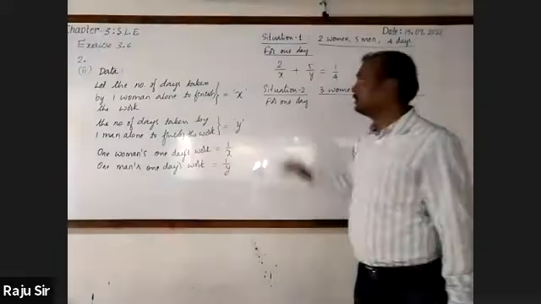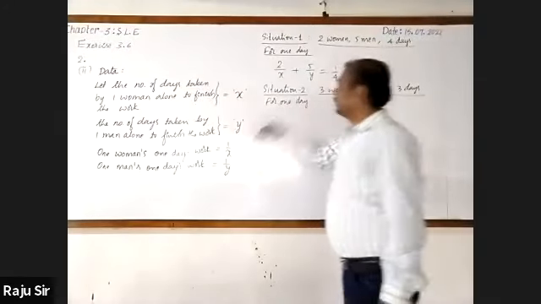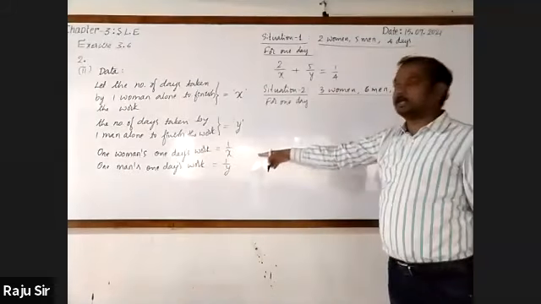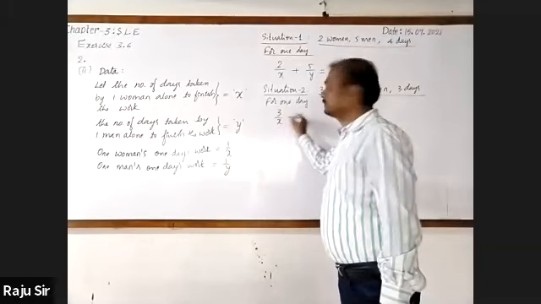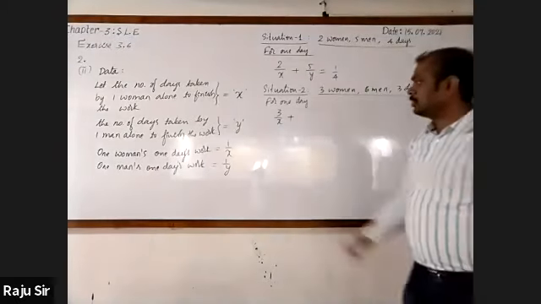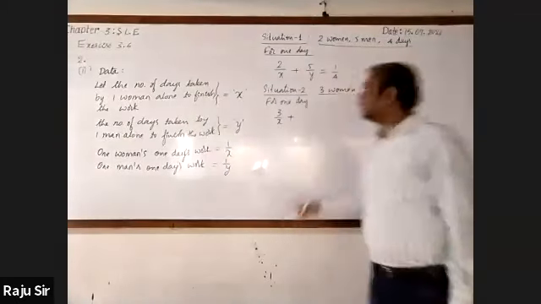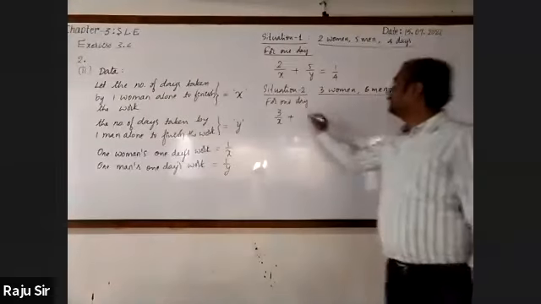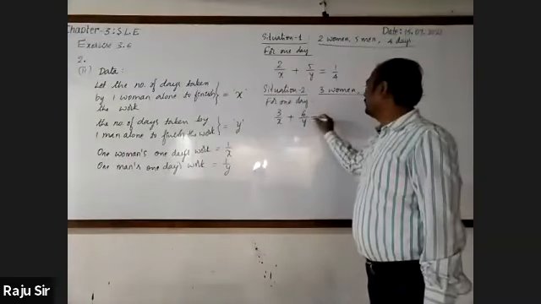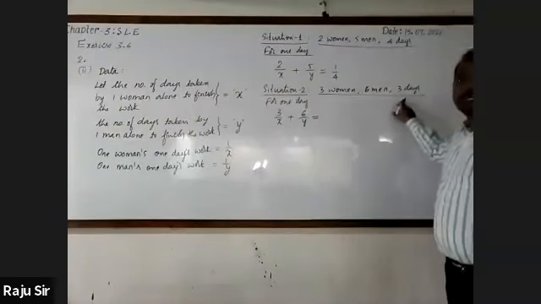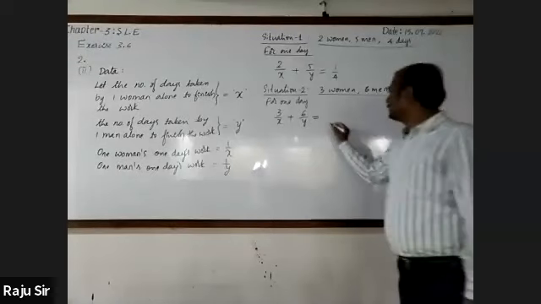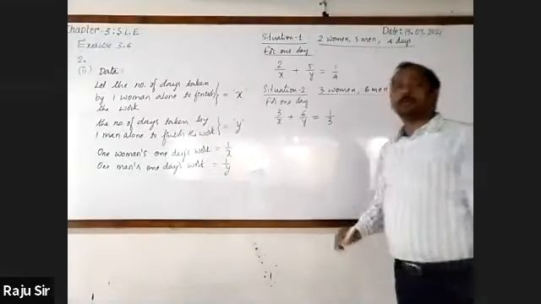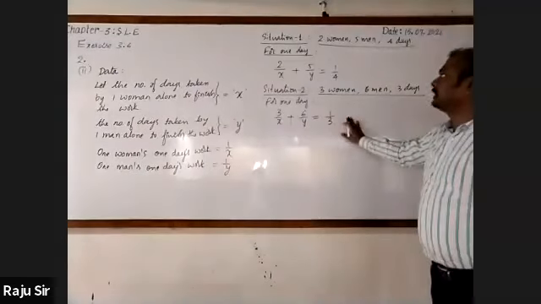One woman's 1 day's work is 1 by x, so 3 women's is 3 by x, plus 1 man's 1 day's work is 1 by y, and 6 men, it will be 6 by y. Out of the total number of days, for 1 day, it is 1 by 3, and this is the other equation.